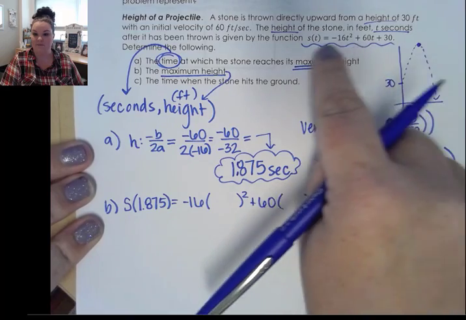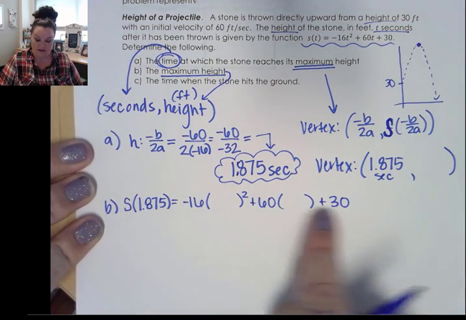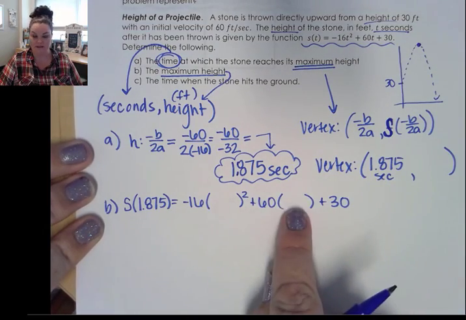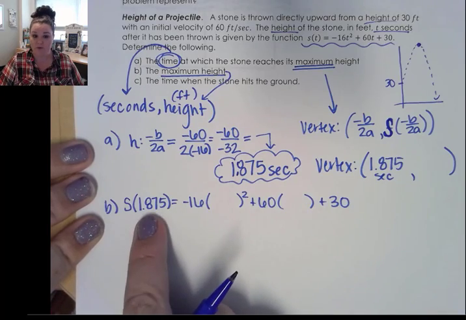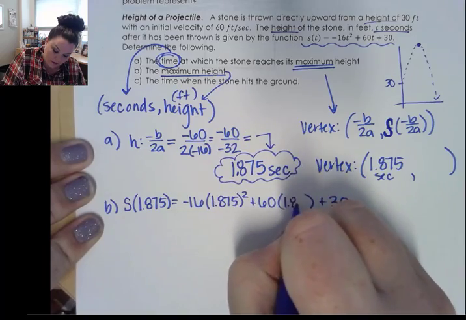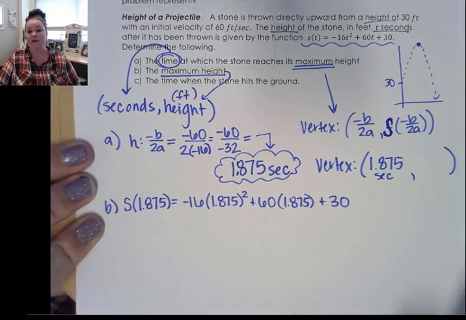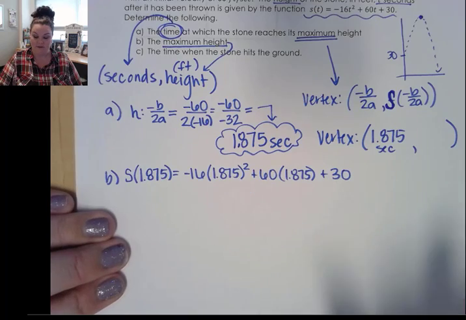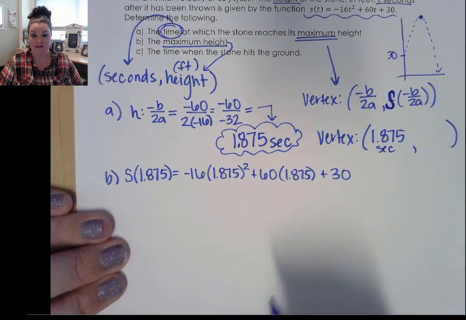So all I did was write out the s function, and I left parentheses where my input is. Now I can put in my input, which is 1.875. And now I just need to simplify in order to figure out what that maximum height value is.